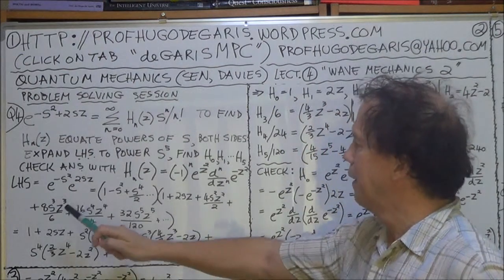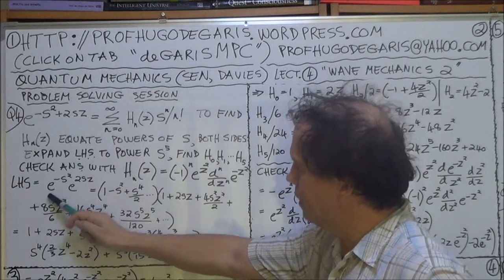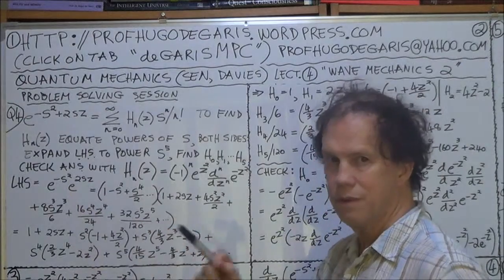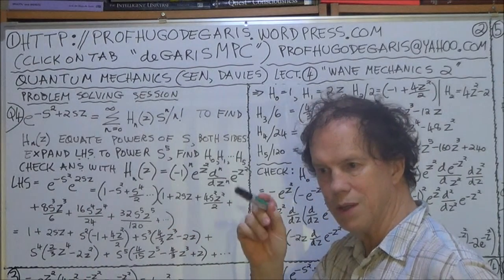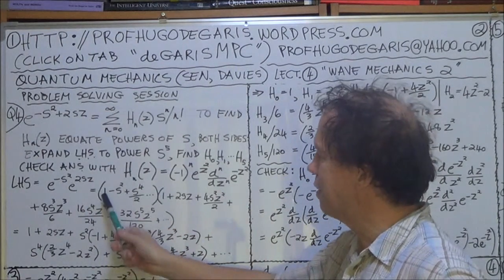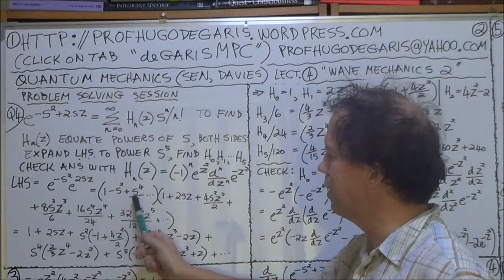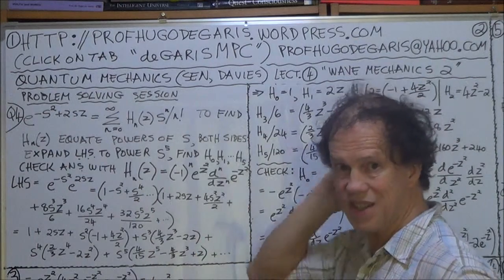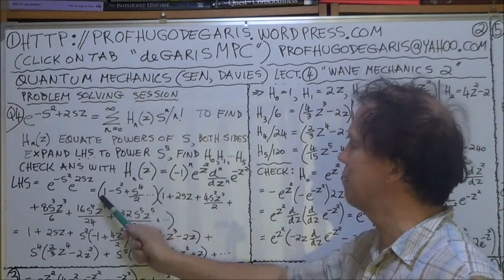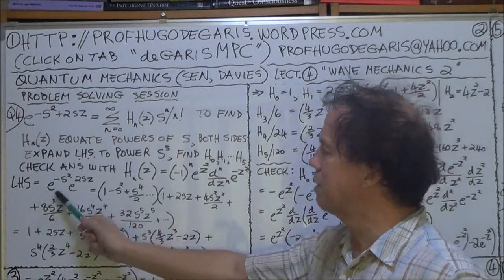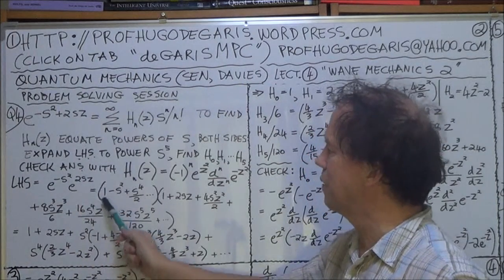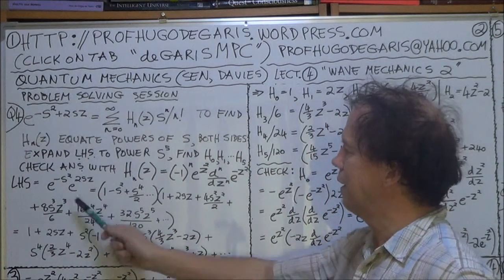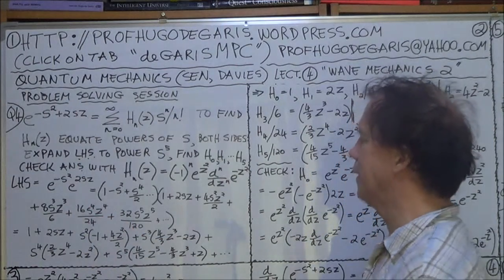So for e to the minus s squared, look on minus s squared as x, so you just get 1 minus s squared plus s to the 4th over 2 factorial. I won't go to the 3rd, because that'll be s to the 6th, and I don't need that. So this is as far as I need to go to expand e to the minus s squared. And now expand this.